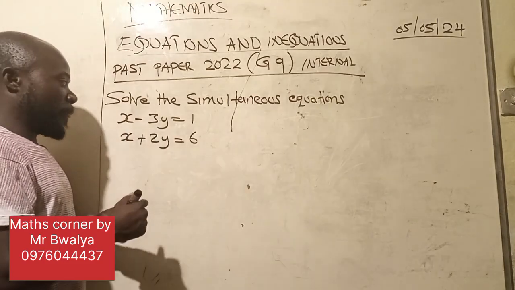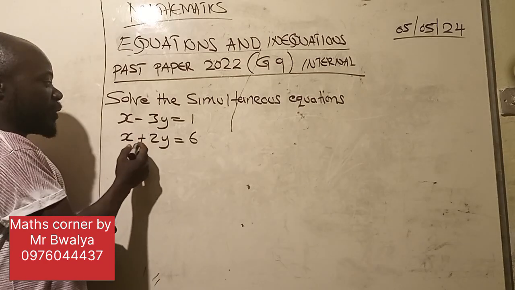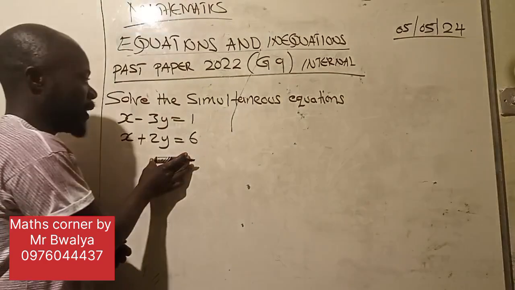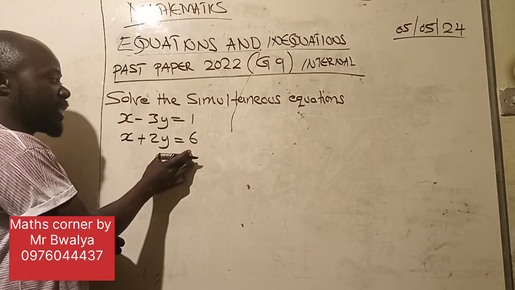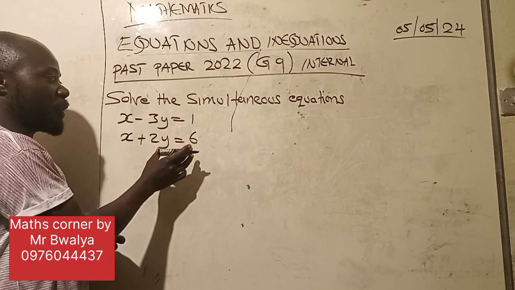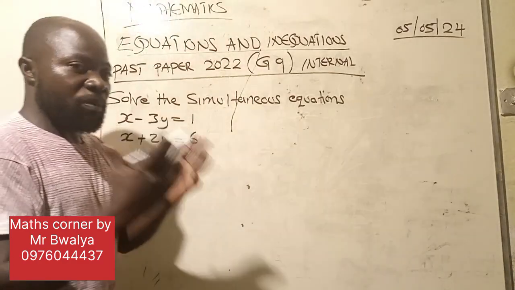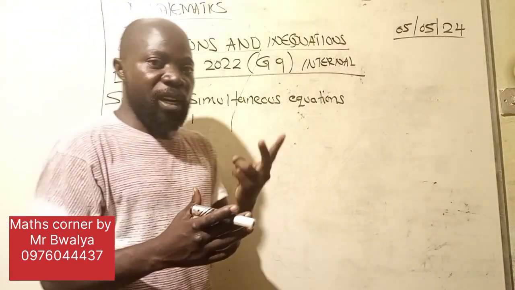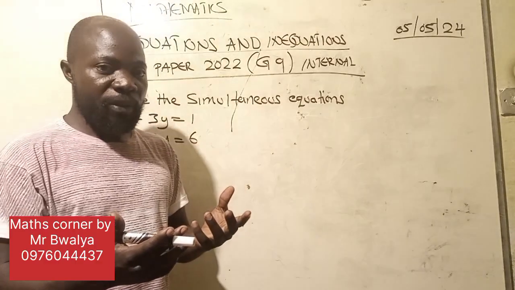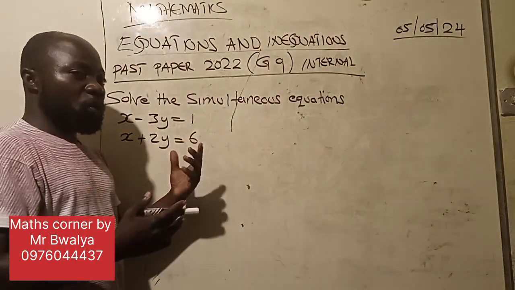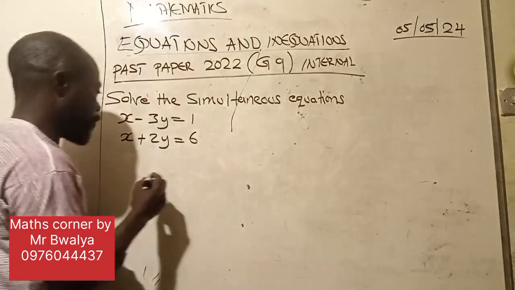Look at the signs that you've been given here and look at the balancing of the equations. When you use the elimination method, you're trying to eliminate one variable, and when we say simultaneous equations, you want to do two things at the same time. At this point, you are going to go with the elimination method.